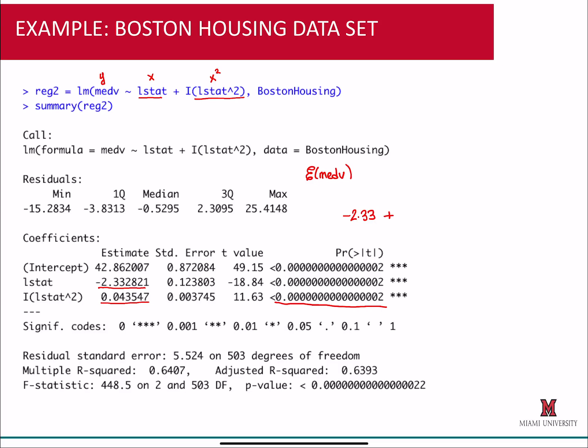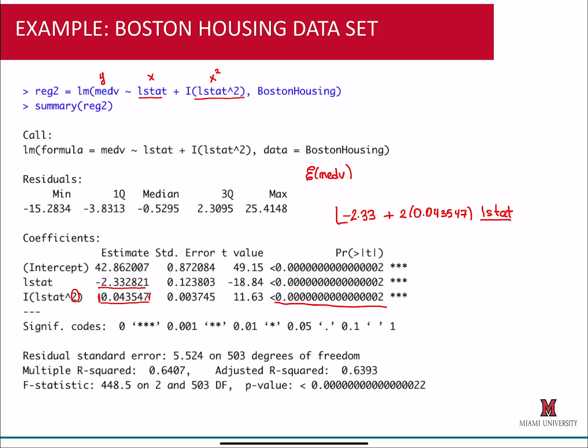But we have to now consider this second piece. And this effect here, these parameters, is going to be doubled because the exponent is 2. And I'll explain why that is the case in a second. But not only that, we also have to multiply by the exact lower status of the population.